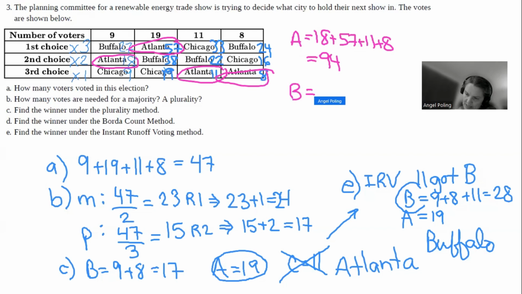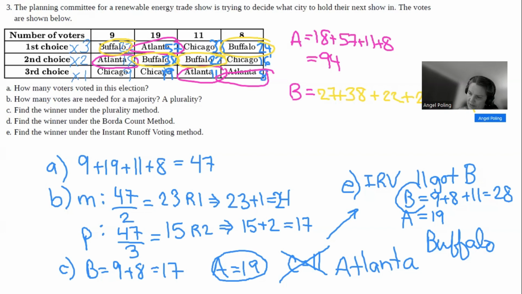Then when you look at B, you've got Buffalo has 27, 38, 22, and 24, which sums to a total of 111.